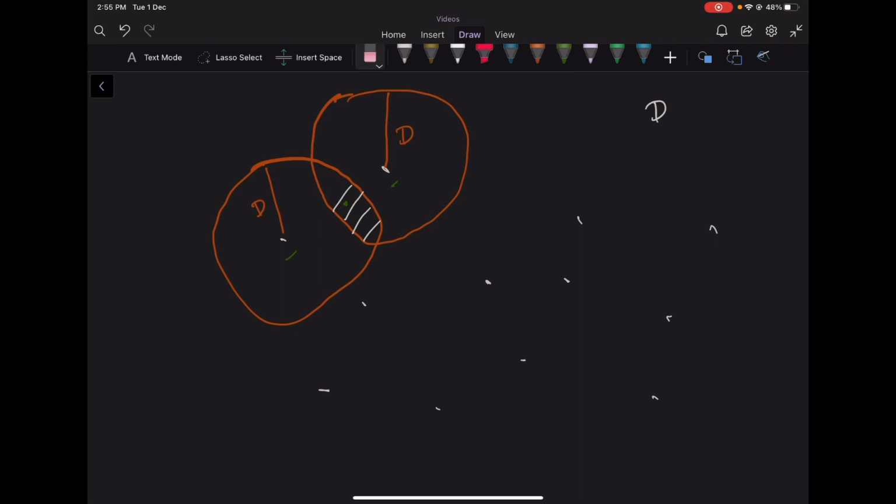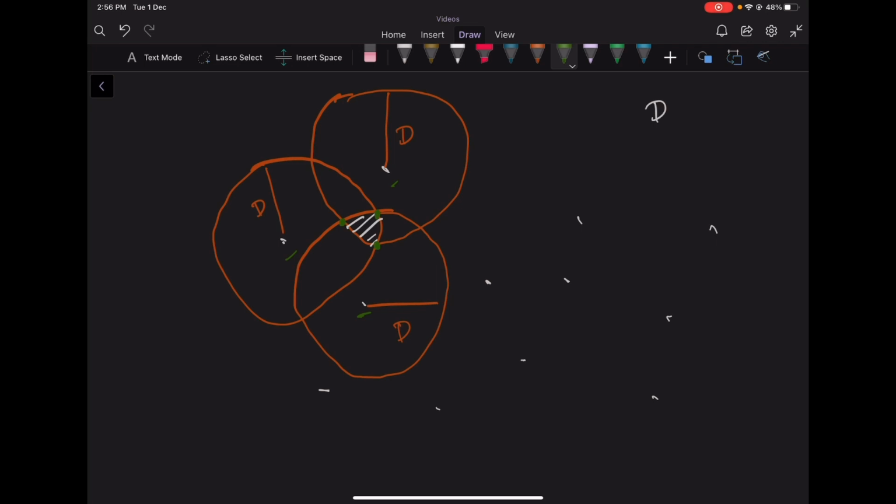Now consider another point. Let's say we consider this point. So we'll draw a circle of radius d centered at this point. Now all the points in this region, which is the intersection of these three circles, will be within a distance d from all these 3 points. So from here we can observe that these are the 3 corner points of this intersection region.